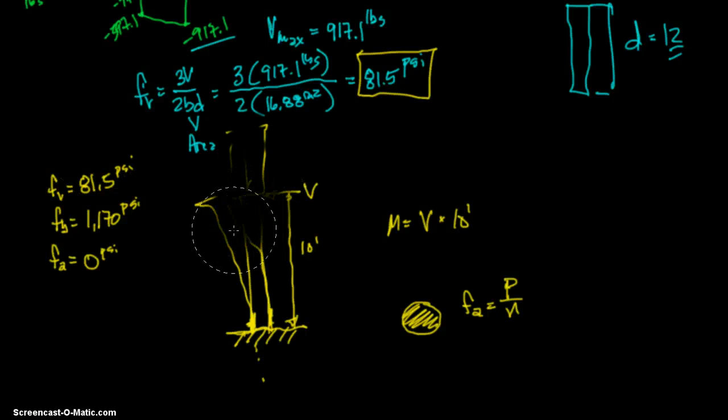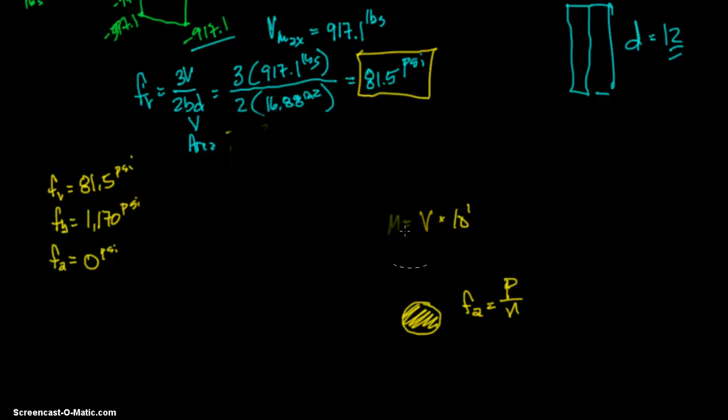So here we go. What they were asking is you have the shear stress and you have your stress in bending, and you need to figure out, okay, what type of wood am I going to use?